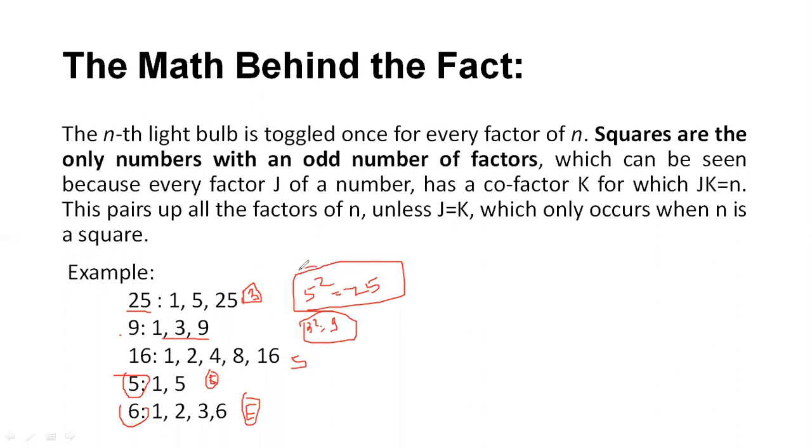This can be seen because every factor j of a number has a cofactor k for which jk is equal to n. This pairs up all the factors of n unless j is equal to k, which only occurs when n is a square.